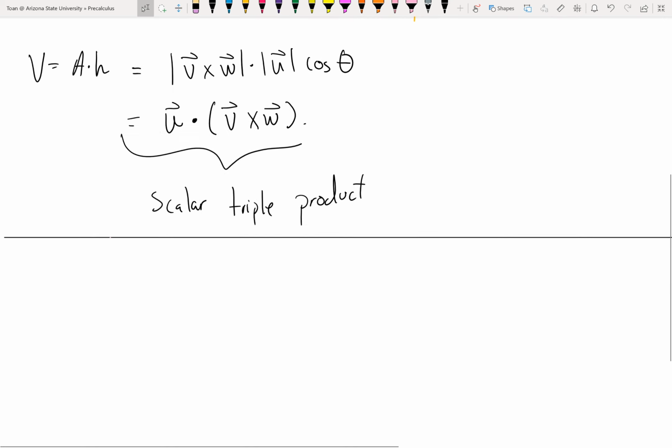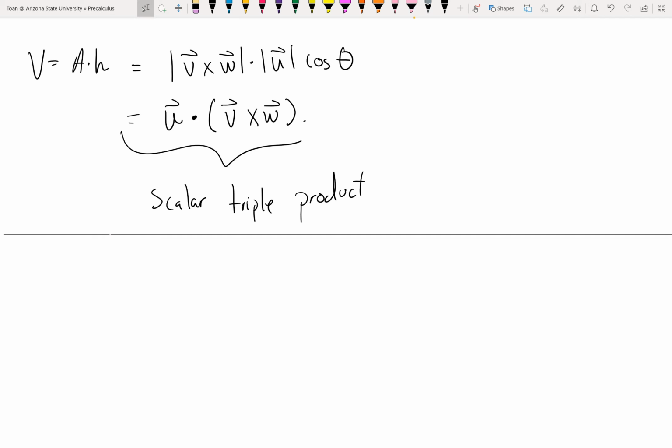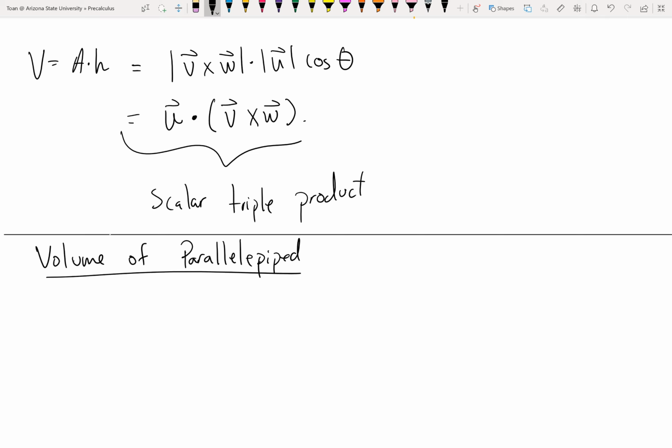So let's put it down formally as a nice, boxed area in our notes. The title: volume of parallelepiped. The idea is that for any three vectors, there's a parallelepiped that can be created.